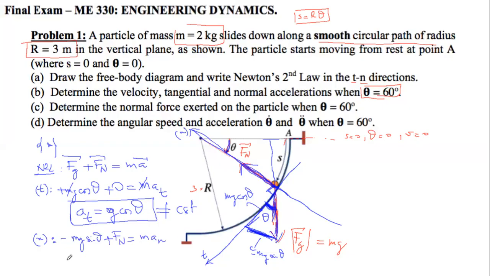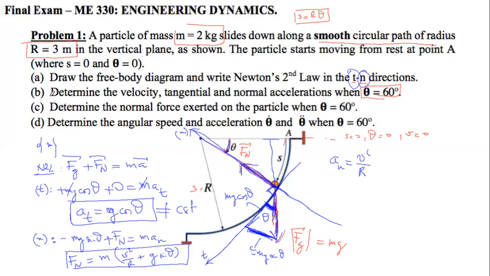So that means that the normal force Fn is m an, and you remember that the normal acceleration is v squared over r. So it will be m v squared over r plus mg sine theta. This is the normal force. Okay, great. So we have drawn the free body diagram and we wrote Newton's second law in both the tangential direction and normal direction.